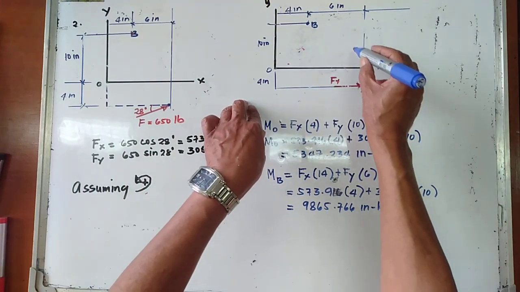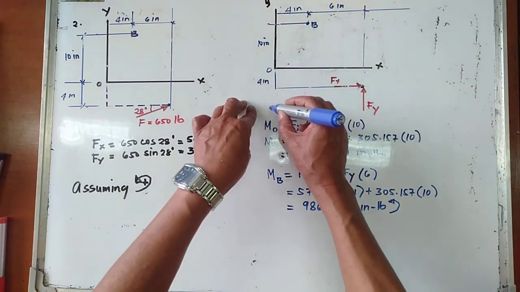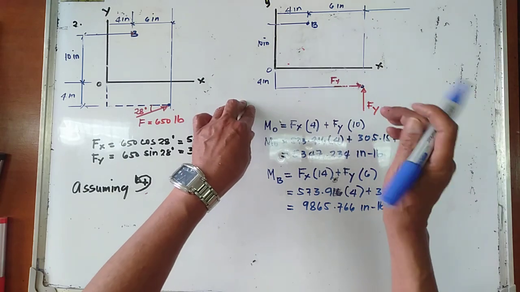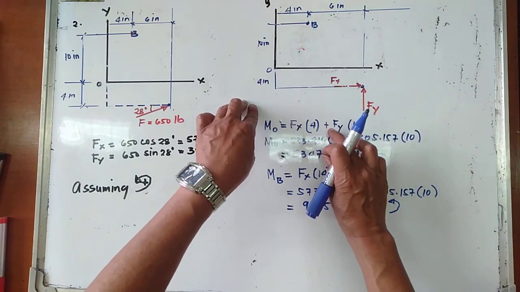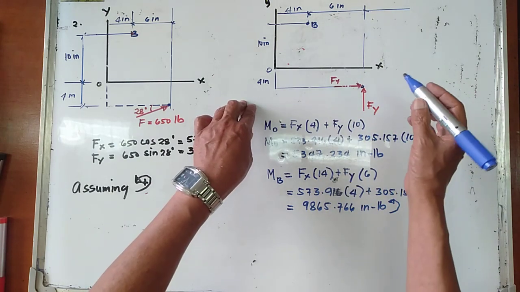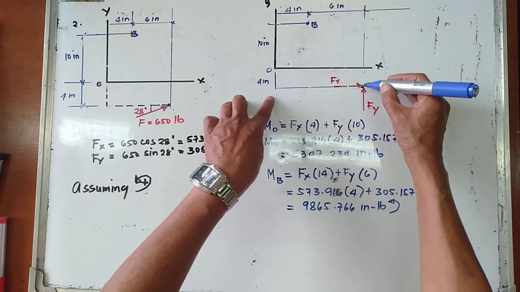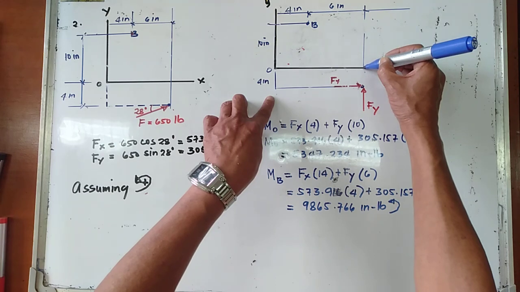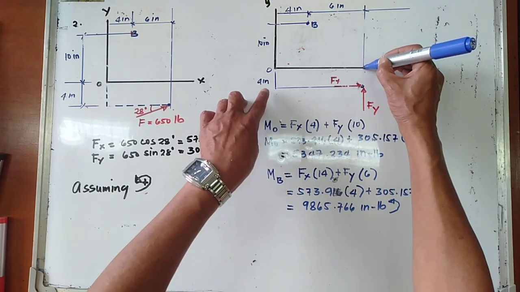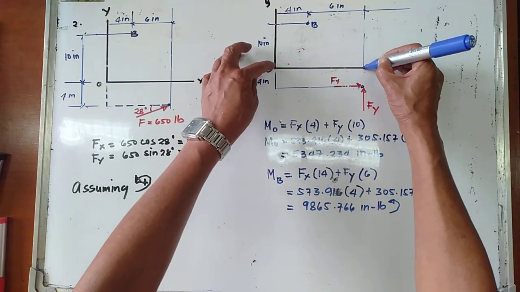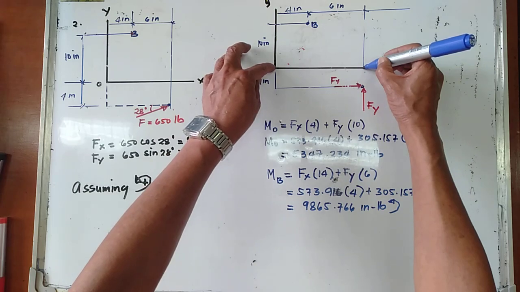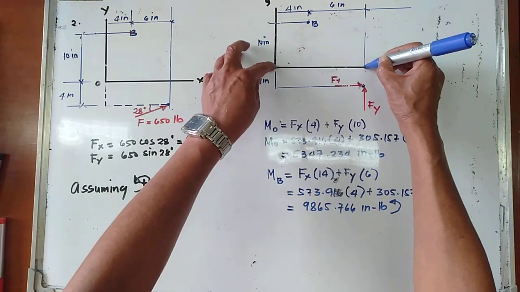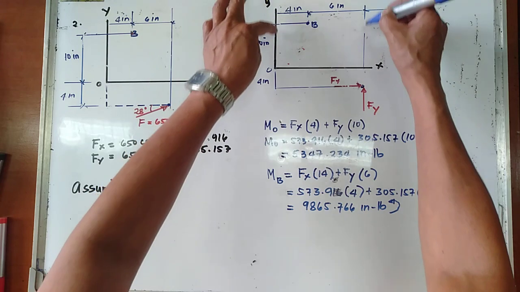Fy is still going counterclockwise about point O. So it is positive. And the moment arm about point O, this is the line of action of Fy, and the perpendicular distance from point O to the line of action of Fy is 10 inches.